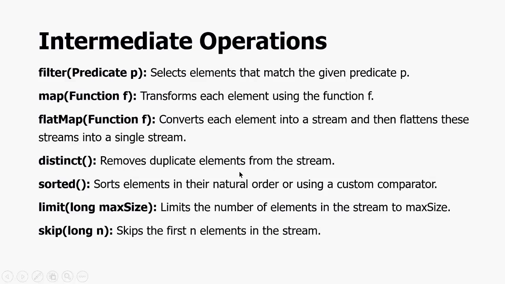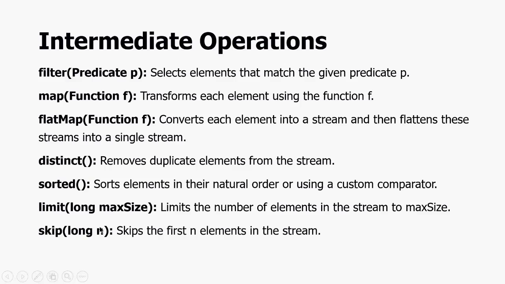Distinct will remove all the duplicate elements and create a fresh stream with unique elements. Sorted takes information stored in a source in a custom ordered way, which could be either ascending or descending, and you will mainly be using the Comparator concept of the collection framework.